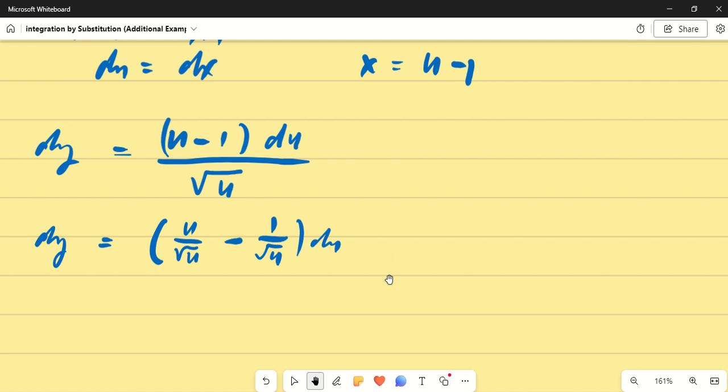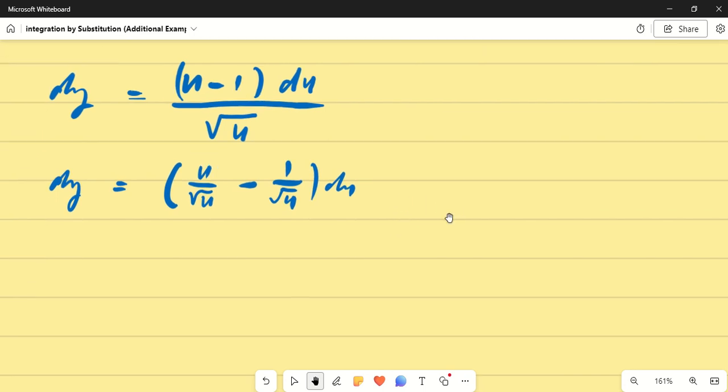Okay, then after that, we need to transform your radical into exponential expressions. You have your dy is equal to u all over u raised to 1/2, minus 1 over u raised to 1/2.